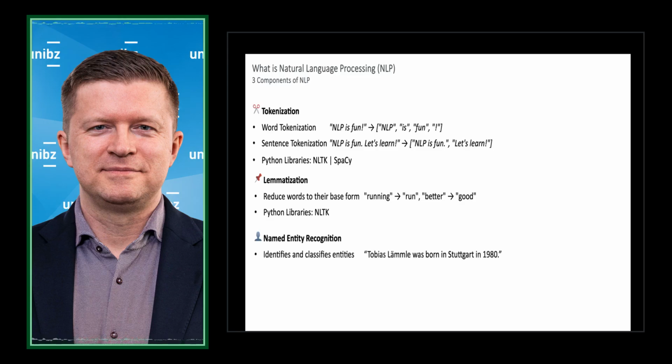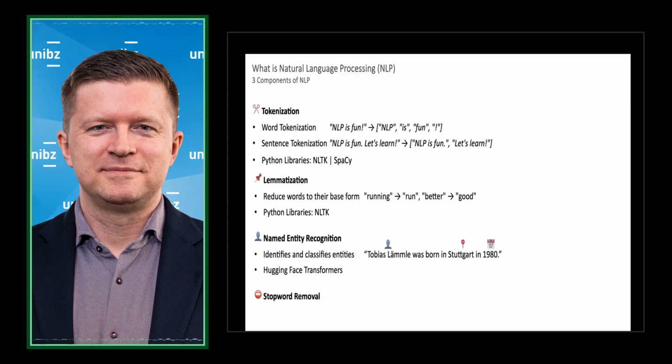Let me give you an example. Tobias Lemle, that's me, was born in Stuttgart in 1980. So if I run named entity recognition, I hopefully get Tobias Lemle as a person, Stuttgart as the location, and 1980 as the date without doing anything. That should work perfectly fine. And a Python library that helps us to do that, for example, could be Hugging Face Transformers, which is a very popular open source model to do that out of the box.